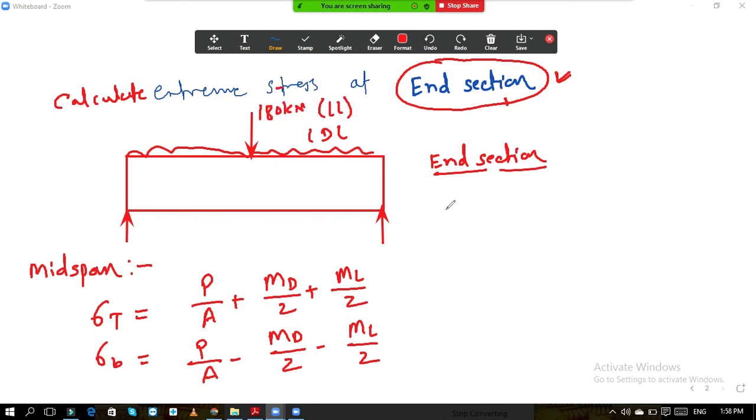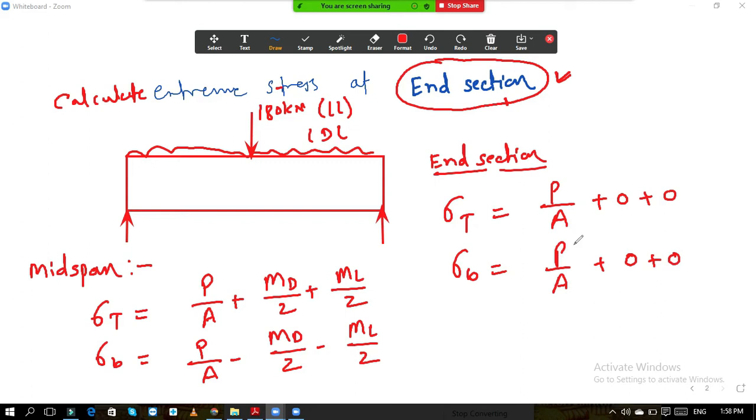Sigma t will become only P by A, and sigma b also becomes P by A. The rest of the terms are plus 0, plus 0, plus 0, plus 0, because at these ends the bending moment is 0, because it is simply supported. Are you getting my point? So MD becomes 0 and ML becomes 0. Bending moment of dead load becomes 0, bending moment of live load becomes 0. That is why these stresses become 0.